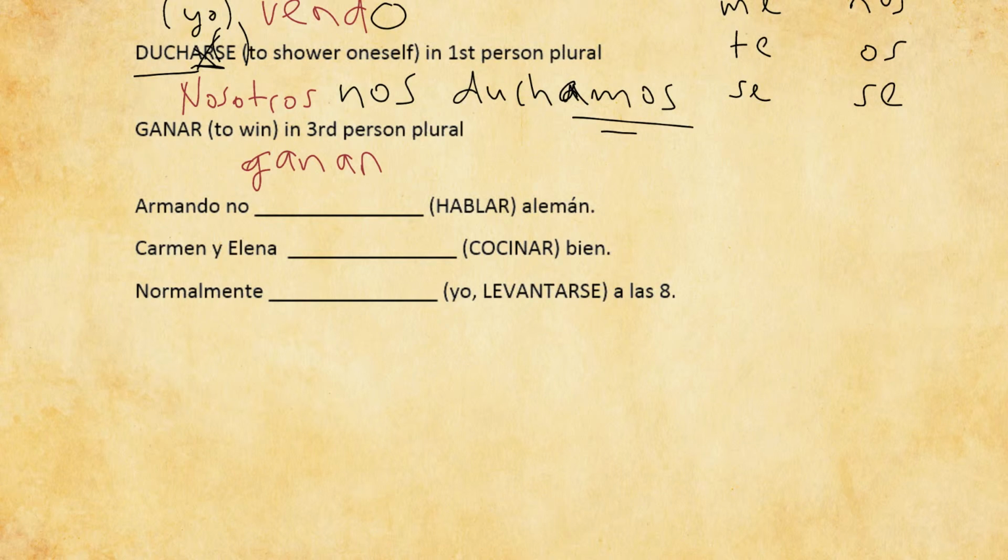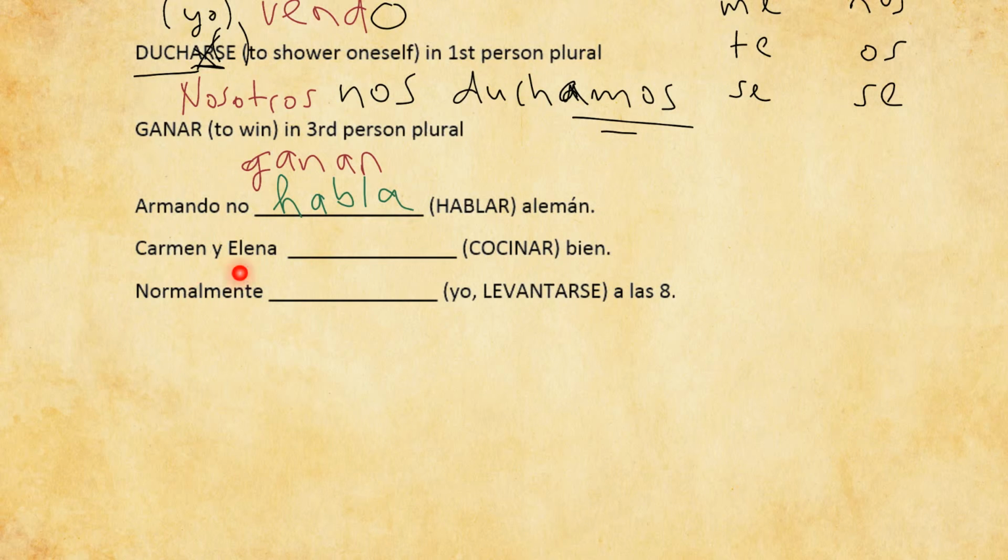It says Armando. Armando is a he, it's a male name, so we have to put it into the third person singular. Hablar, just as ganar or duchar, ends with an AR, so we will be using the AR endings, which means Armando no habla. I'll write it down in green. Armando no habla. So hablo, hablas, habla, hablamos, habláis, hablan. Habla is the one that we need for this particular sentence because this is third person singular.